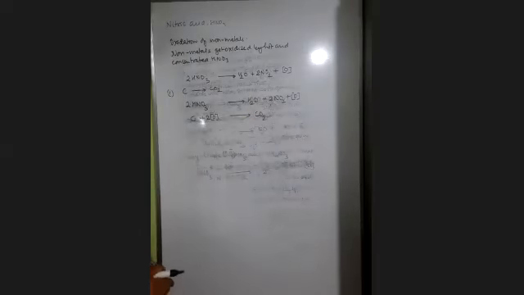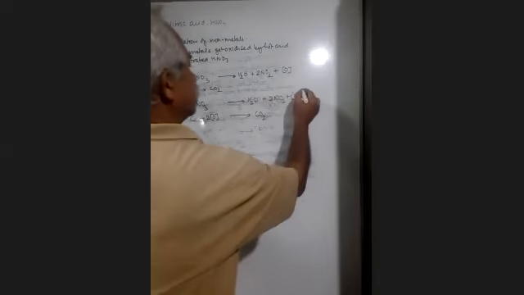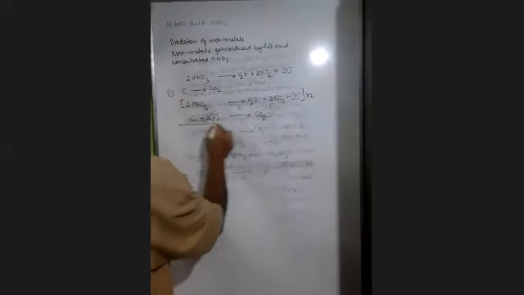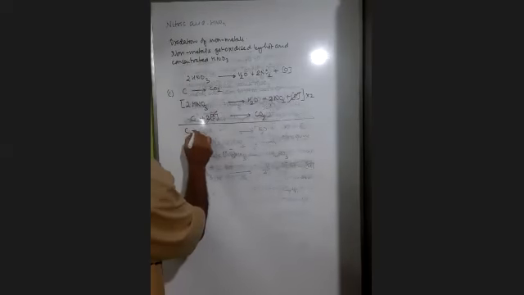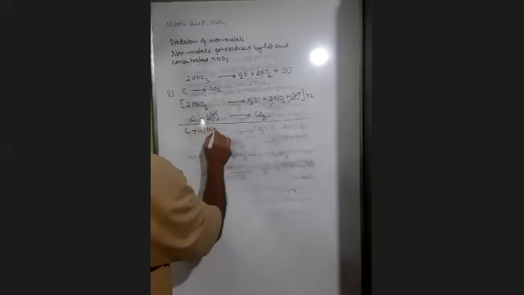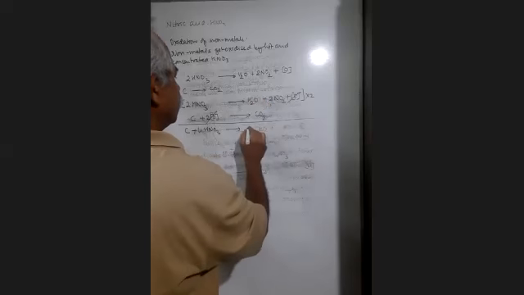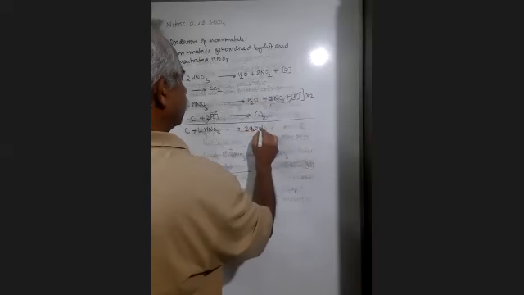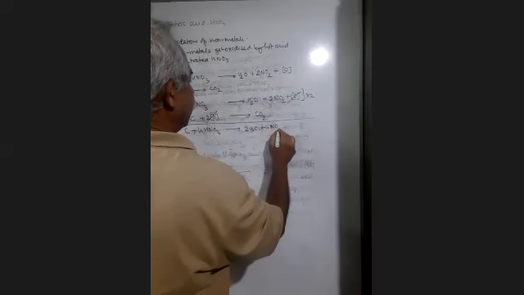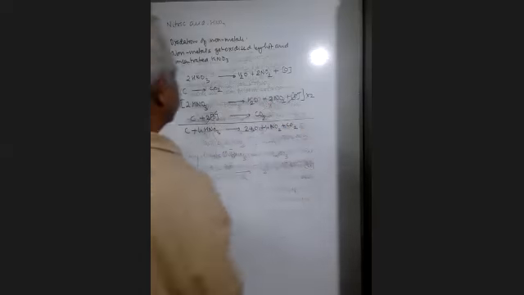The first equation is giving how many oxygen? 2, sorry, 1. So I have to multiply it by 2. See, life has become so simple. So you remove this. What will you write now here? 2 into 2, 4. 4 HNO3 will give you 2 H2O, 4 NO2 plus carbon dioxide. Finish.